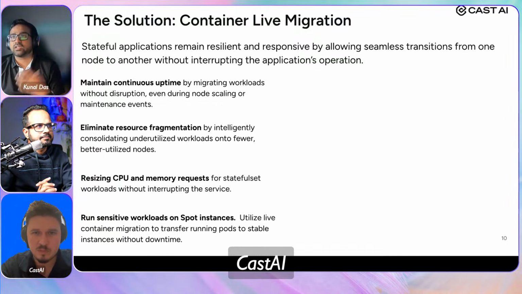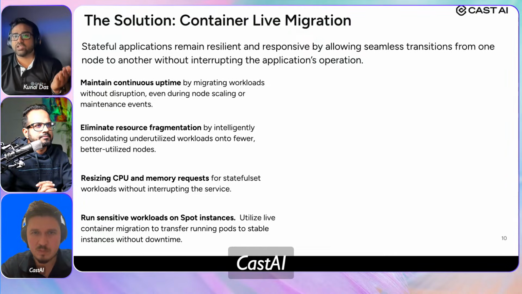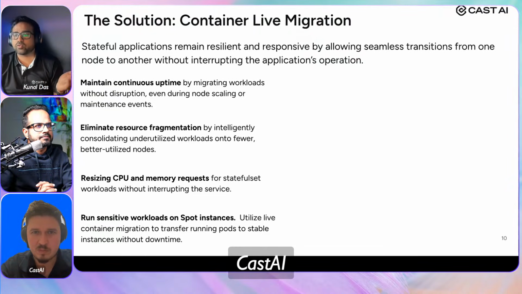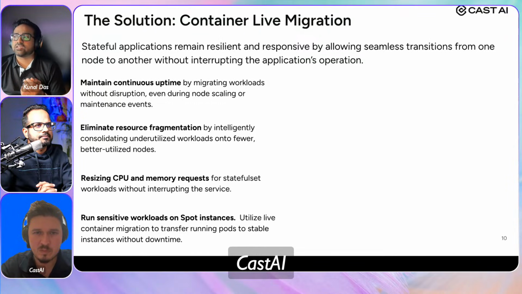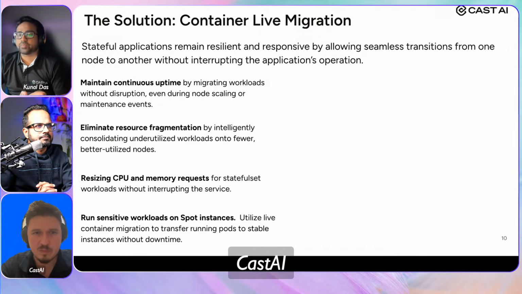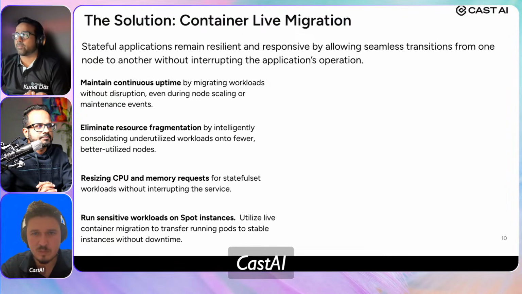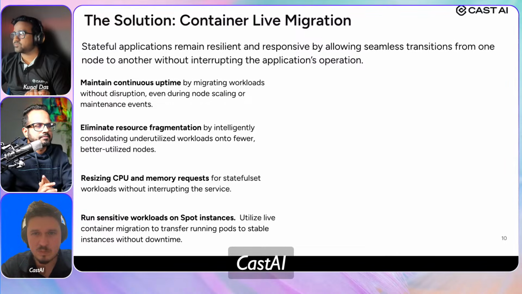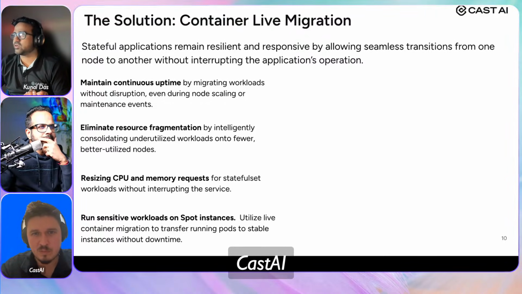If we receive the signal that this spot machine is going to be unavailable, then we move it to an on-demand machine. But 90% of the time, when the spot is available, you're still getting that 90% discount from your cloud provider. That way there is a non-interruption service, and you can use it essentially without hampering your uptime.